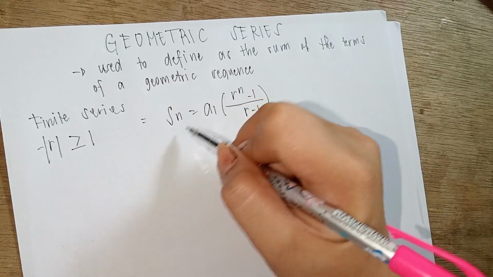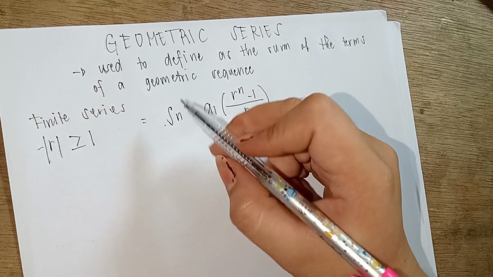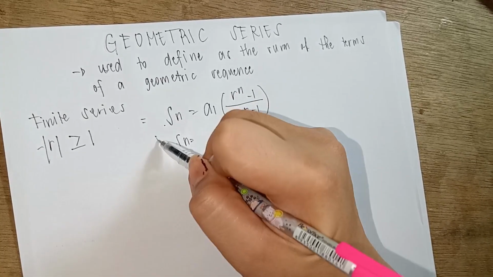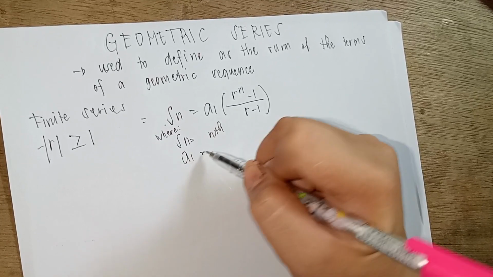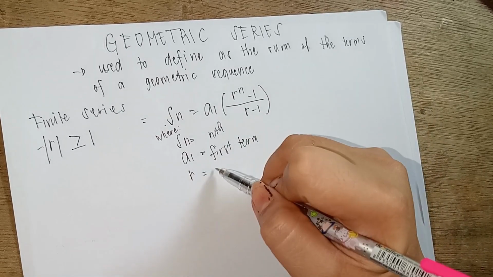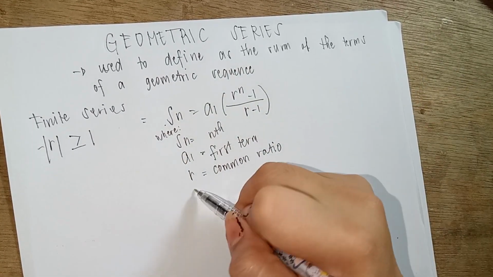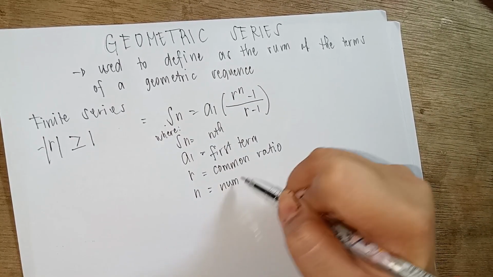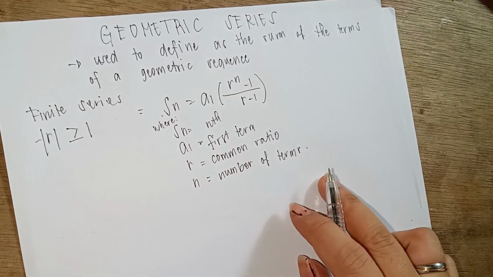So, wherein our Sn is the nth term, and then S1, of course, is our first term. Then our r is the common ratio in our geometric sequence. And then of course our n is the number of terms. So ito yung para sa finite series.